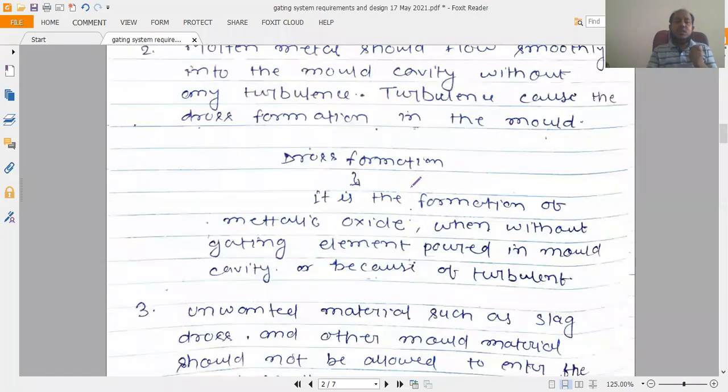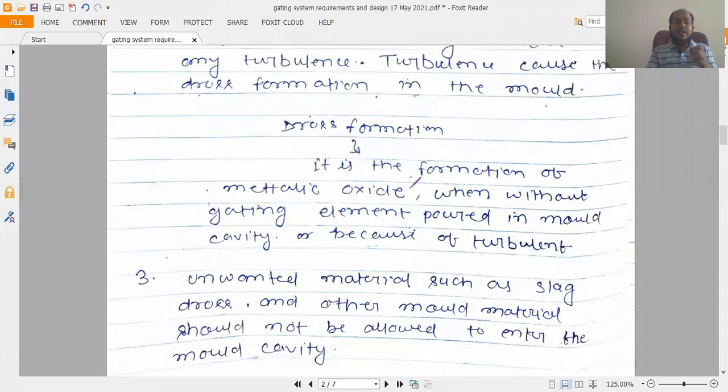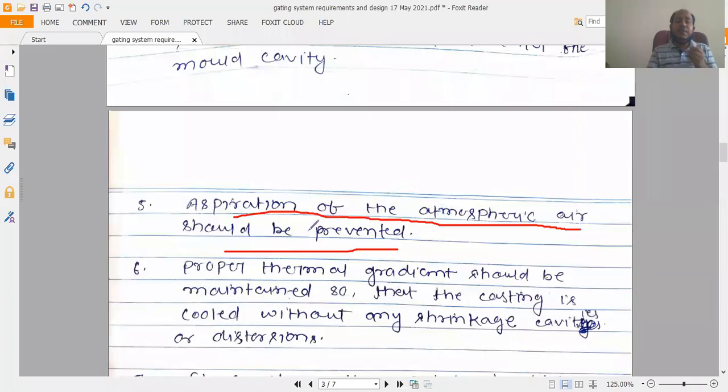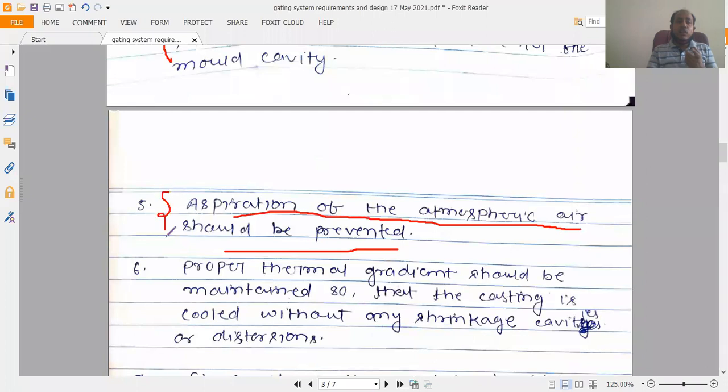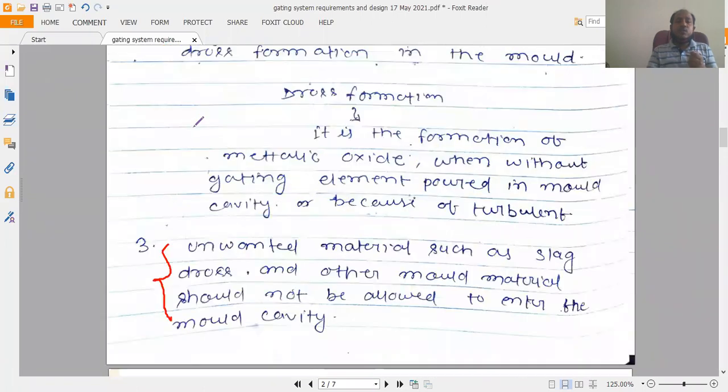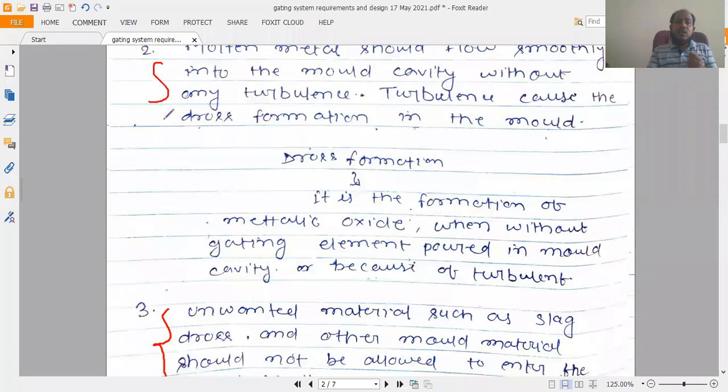In the next topic we will see how it can be prevented and how the gating system can be designed, so that all these things, unwanted slag, unwanted air aspiration, non-smooth flow, and dross formation, are eliminated.